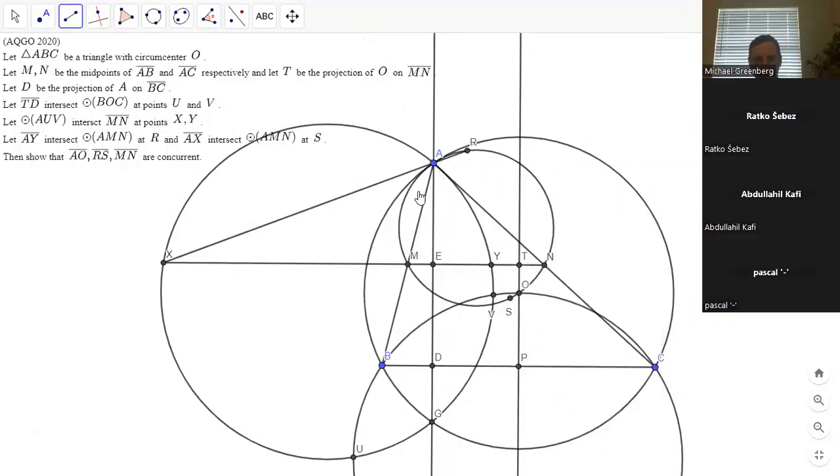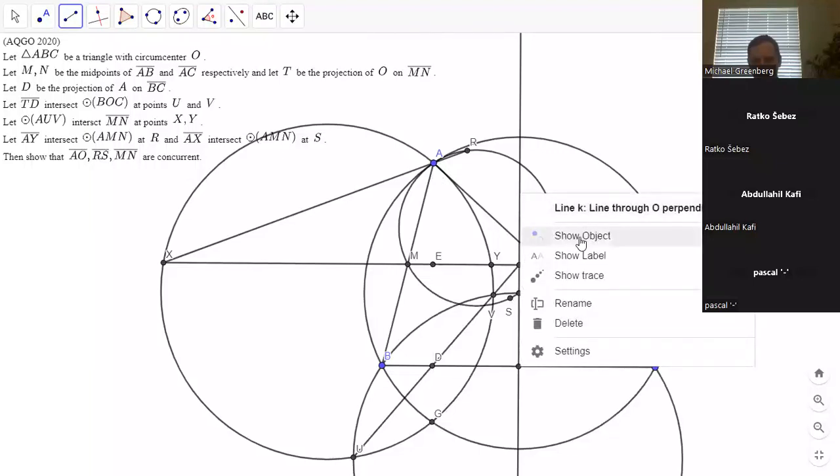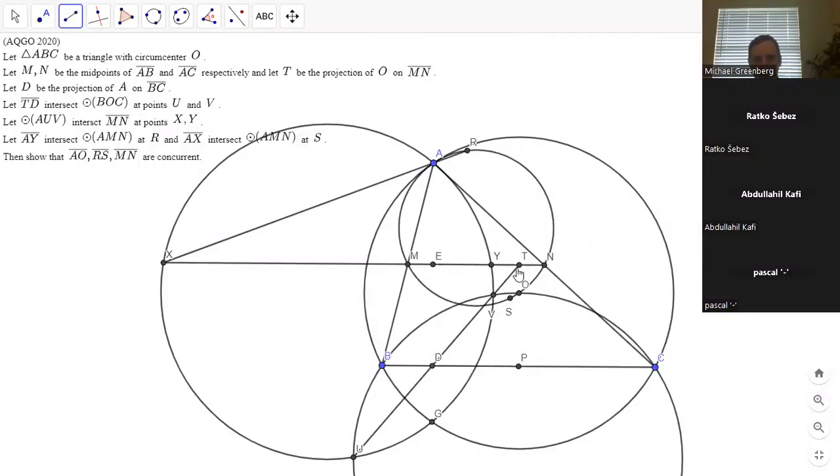We want to draw a segment TD, and TOP, and we don't know yet that these are all collinear, but if we could show this is a rectangle, maybe it won't be that hard.